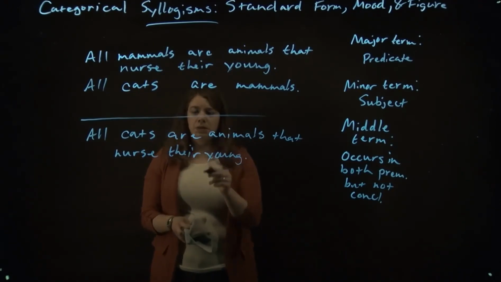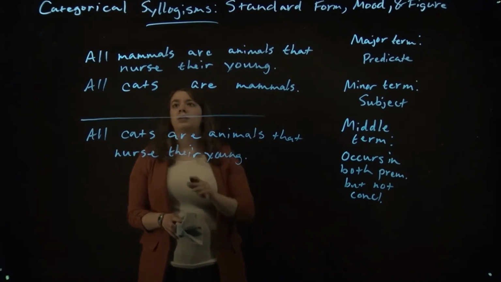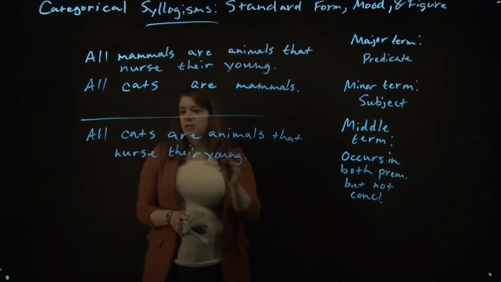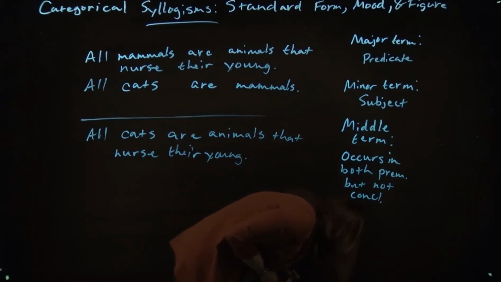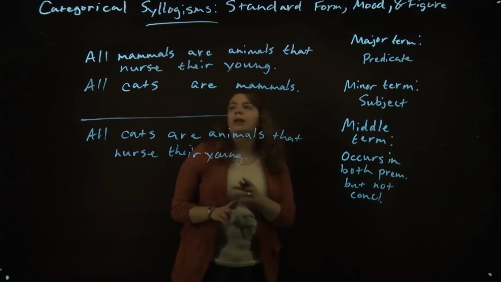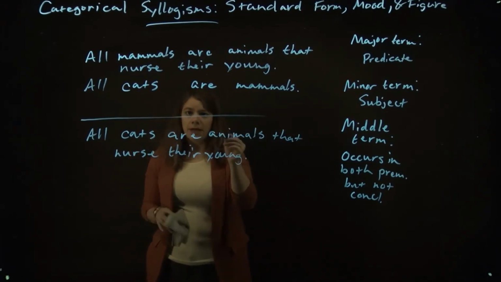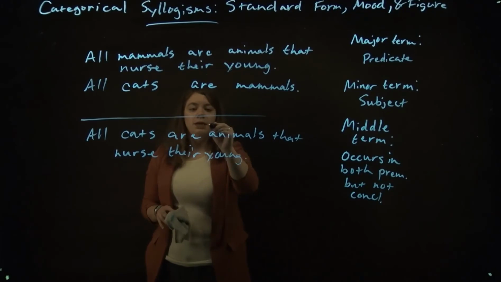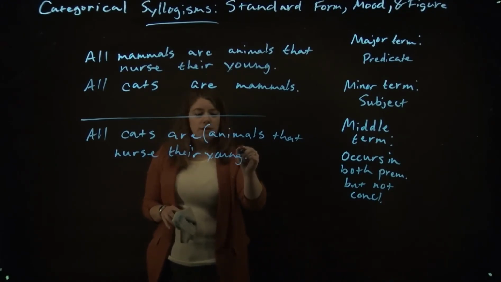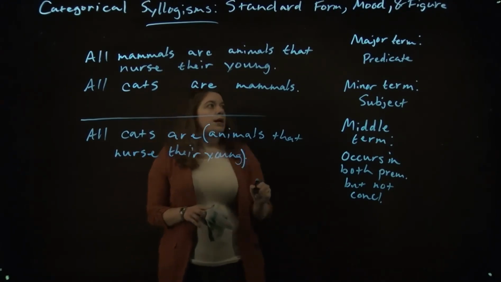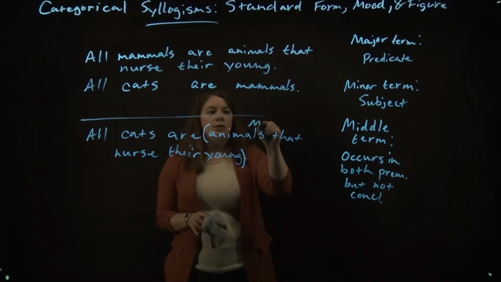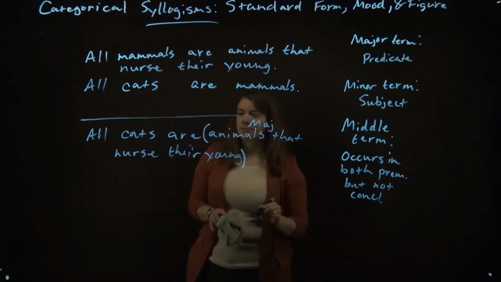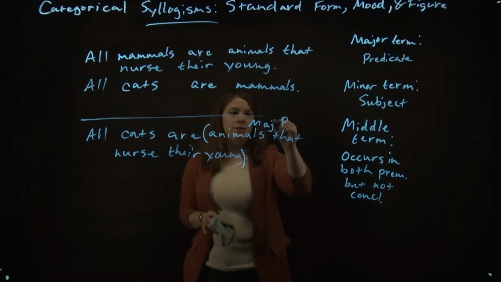If we're looking at this argument, all mammals are animals that nurse their young, all cats are mammals, therefore all cats are animals that nurse their young, then the major term, if we look at the conclusion, would be the class of animals that nurse their young. So this is our major term, the predicate.